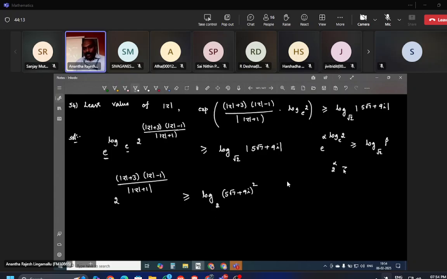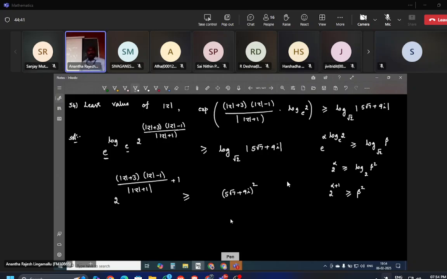2 to the power alpha greater than or equal to log beta square base 2, right? Okay, so 2 power alpha into 2 can I write? That means this is 2 power alpha plus 1 greater than or equal to beta square, right? So this is the ultimate result, please understand. That means 2 power alpha plus 1 is directly greater than or equal to beta square.